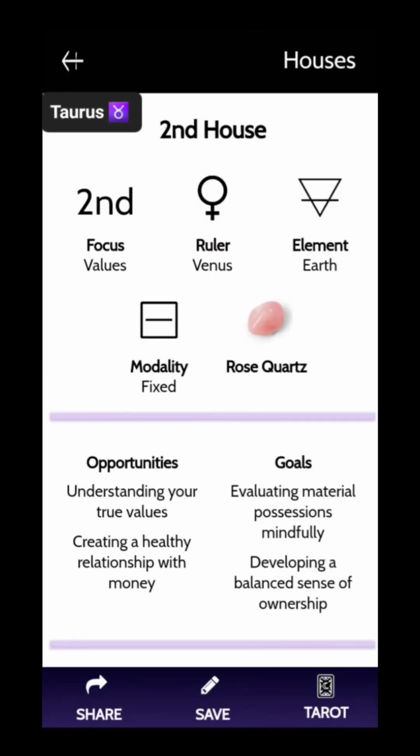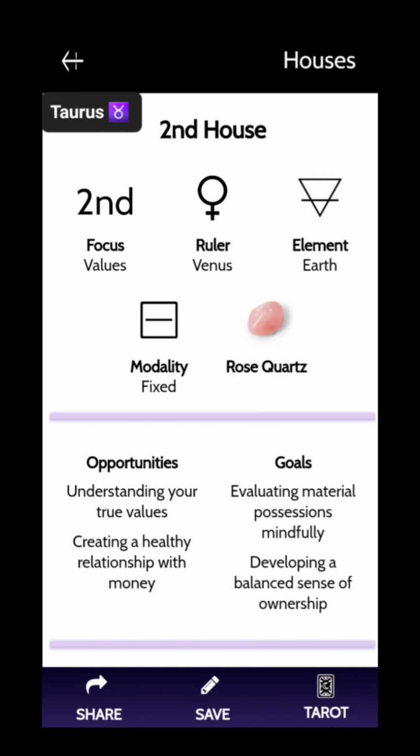The second house. The second house is ruled by Taurus in astrology. The ruler of Taurus is Venus. So the second house represents money, values, material things. Material things on a value scale, like if you're collecting something that's of value to you, such as coins or antiques or Barbie dolls or something of that nature.